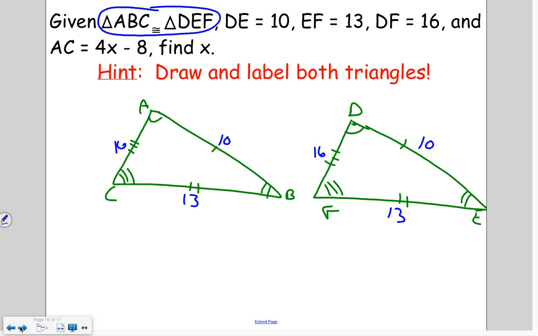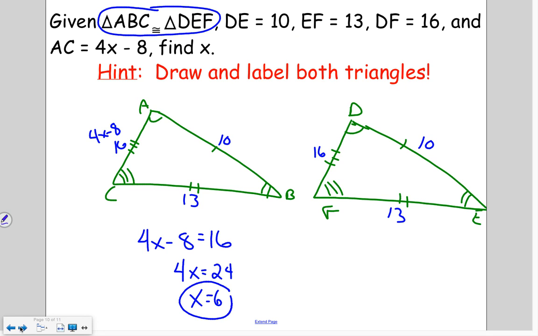And AC equals 4x minus 8. So we got 4x minus 8 equals 16. Add 8 to both sides and divide by 4. X equals 6.